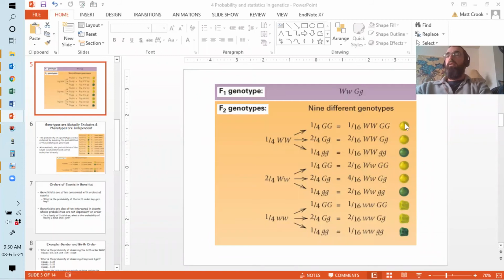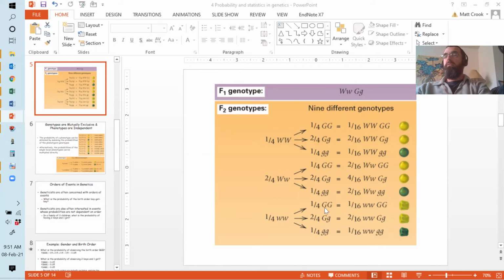But for when you have, you can either have, let's see, here's another one. So you can either be homozygous wrinkly and homozygous for yellow, or you could be homozygous wrinkly and heterozygous for yellow, right?